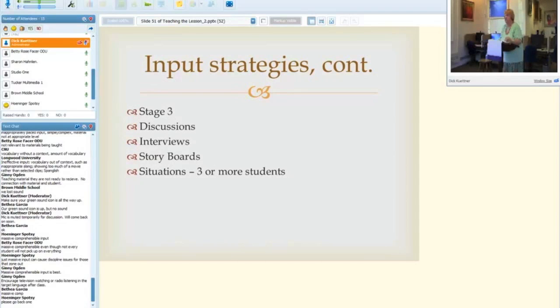In stage 3, you really want to be using discussions and the open interviews. Storyboards are great. The latest issue of the ACTFL Journal has an article on technology in it, and it recommends a couple of online digital storyboarding software that's very simple that can be used.